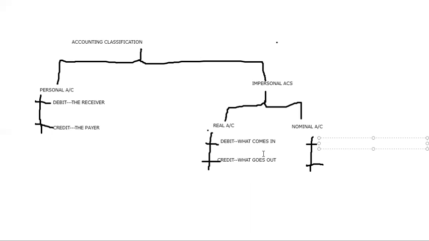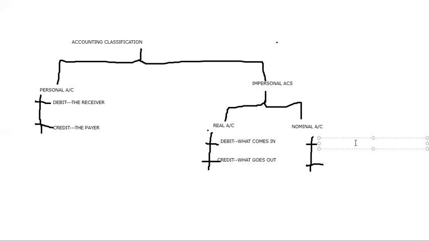Here I am very particular that it has occurred personally. Something is coming right now. Something is going right now. I have categorized the materialistic format in the real account. But here I'm saying that it may occur, it may not occur. The profits or losses we are expecting to happen in future days.